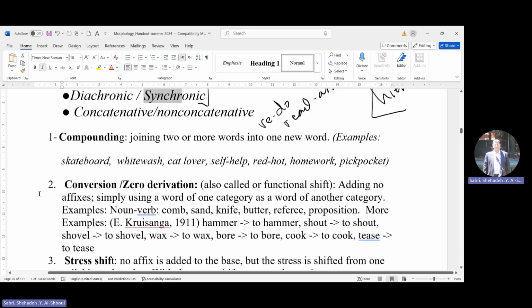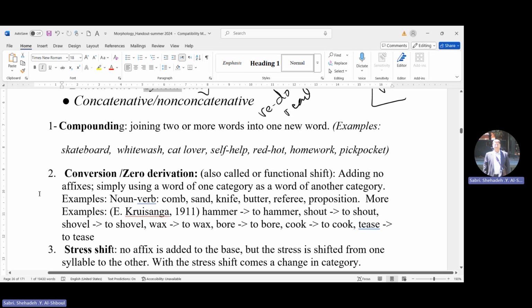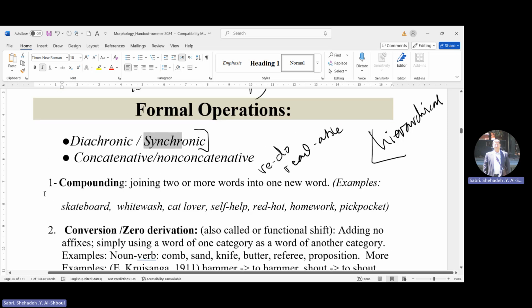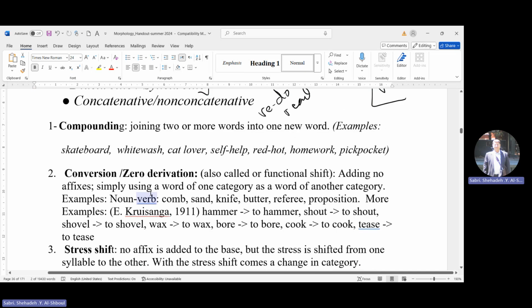Okay. Now let's move to examples representing these formal operations. One example is compounding.